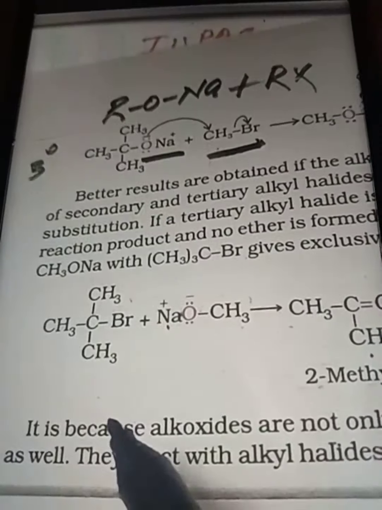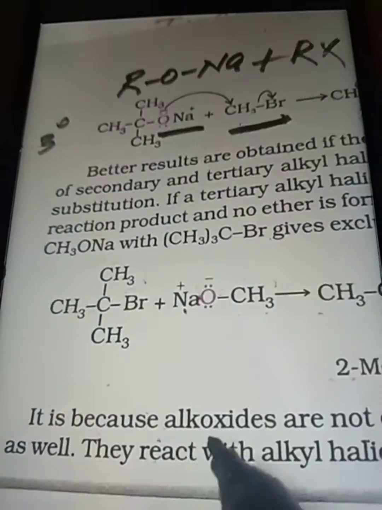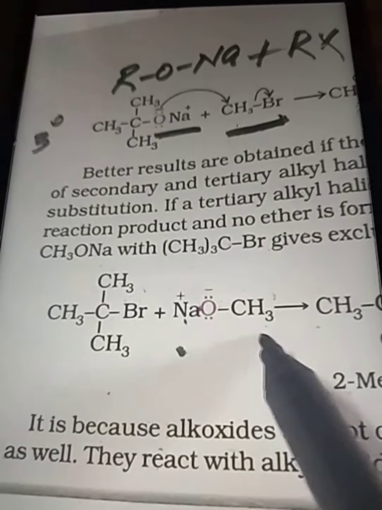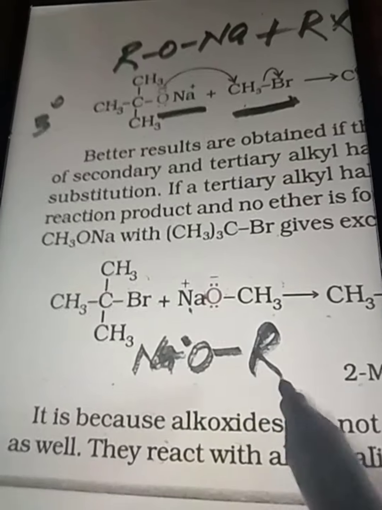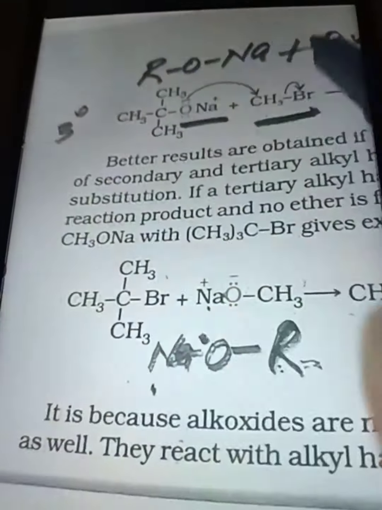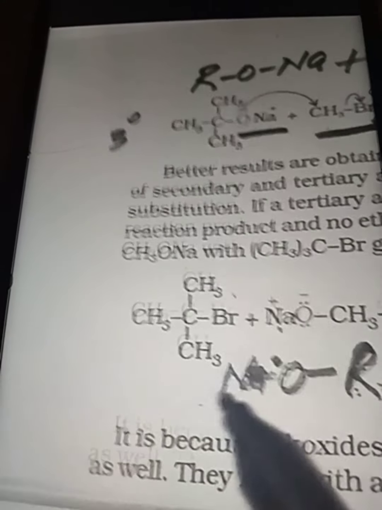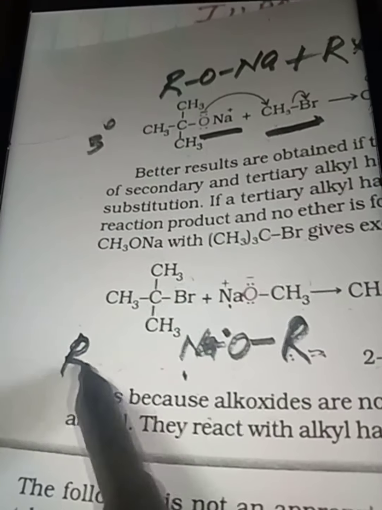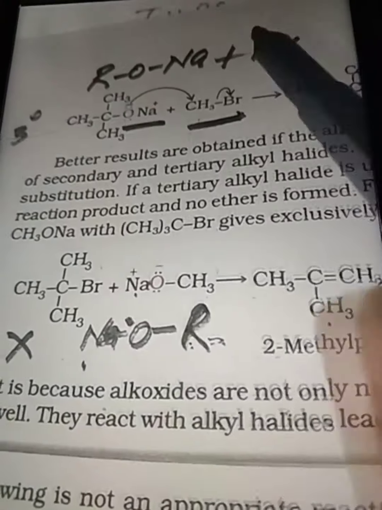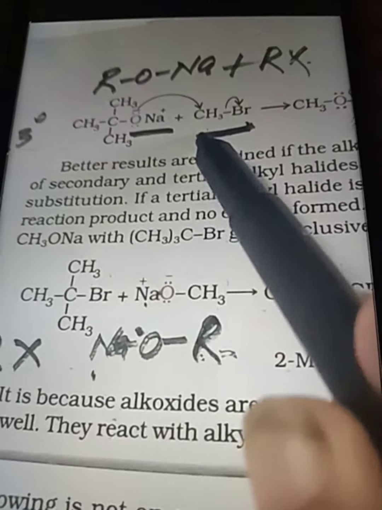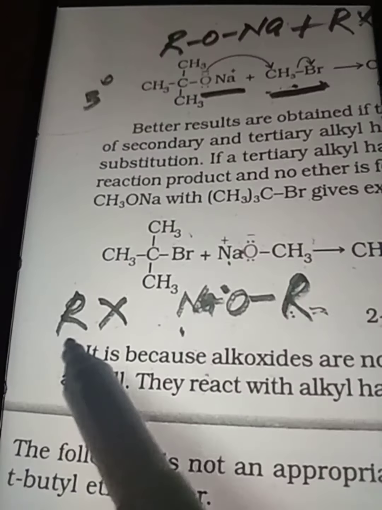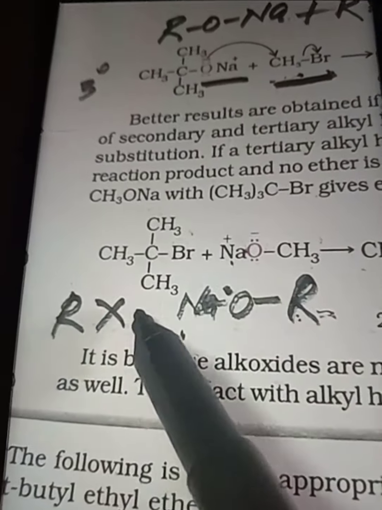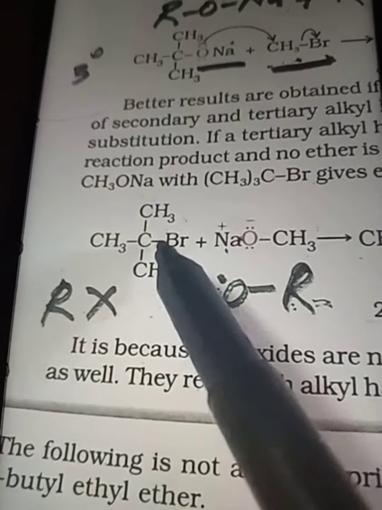Now see the reverse condition. This time it is the same thing, RONa. You write RONa like this, and here in RX we have 3 degree alkyl.